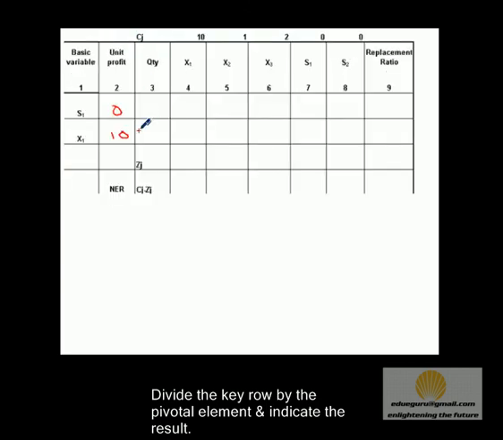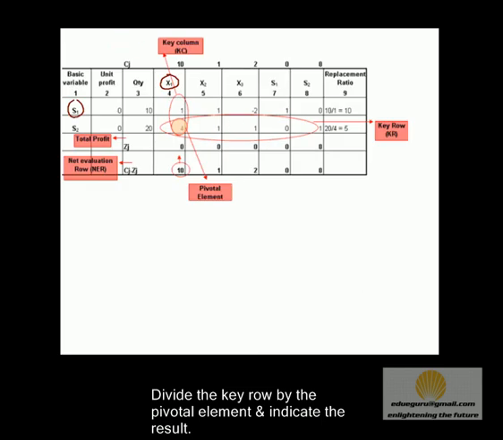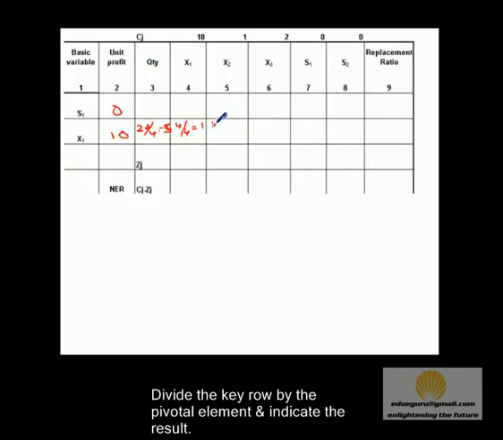So 20 divided by 4 is equal to 5, 4 divided by 4 is equal to 1, 1 divided by 4 is equal to 1 by 4, again 1 by 4, this is 0 by 4, and this is 1 by 4.